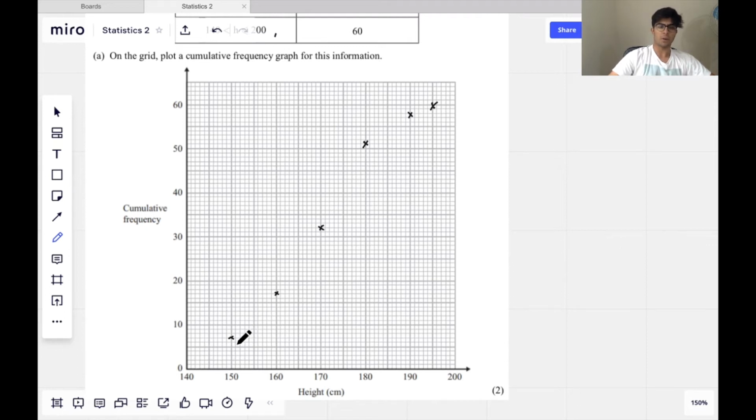And if you think about what you're doing in the middle, it's what we call interpolating. You don't actually know the number of tomatoes which are less than or equal to 155, right? You don't know the cumulative value there. So by drawing a line between the points, you're saying it's going to be between this number and this number, by the nature of cumulative frequency, but you don't know where along it is going to be.